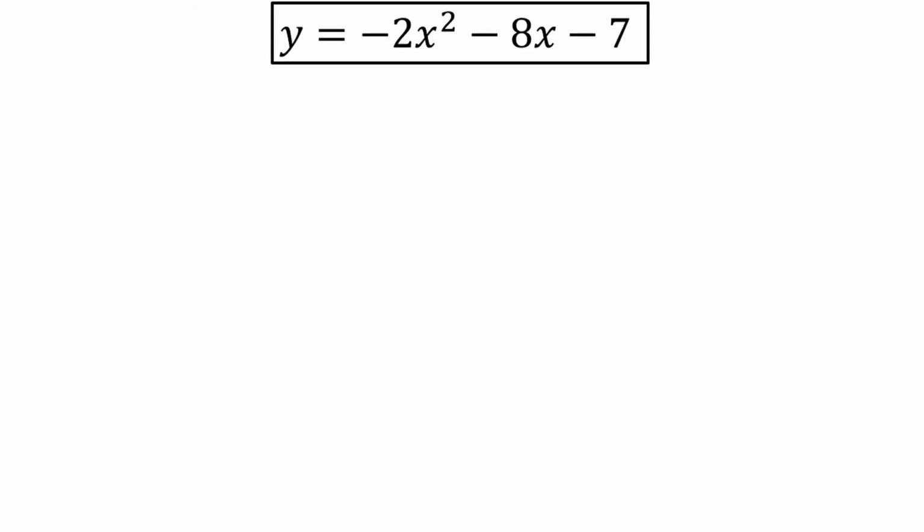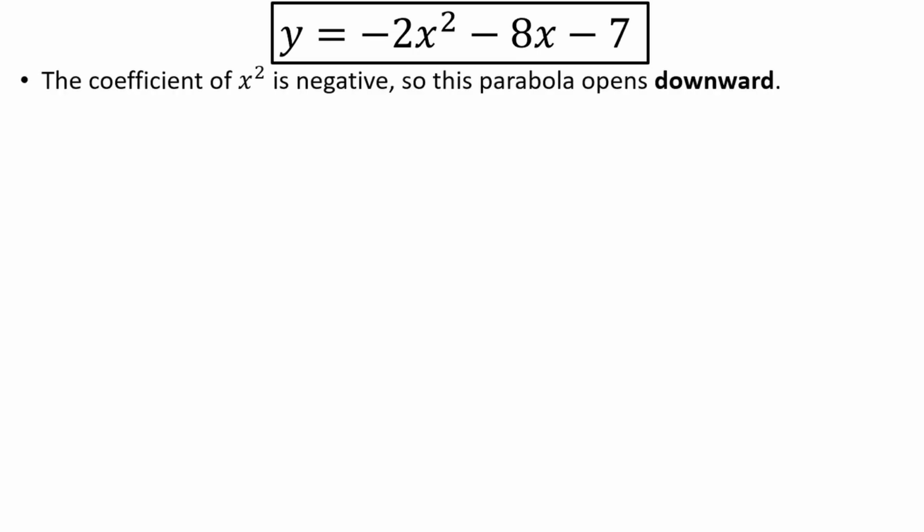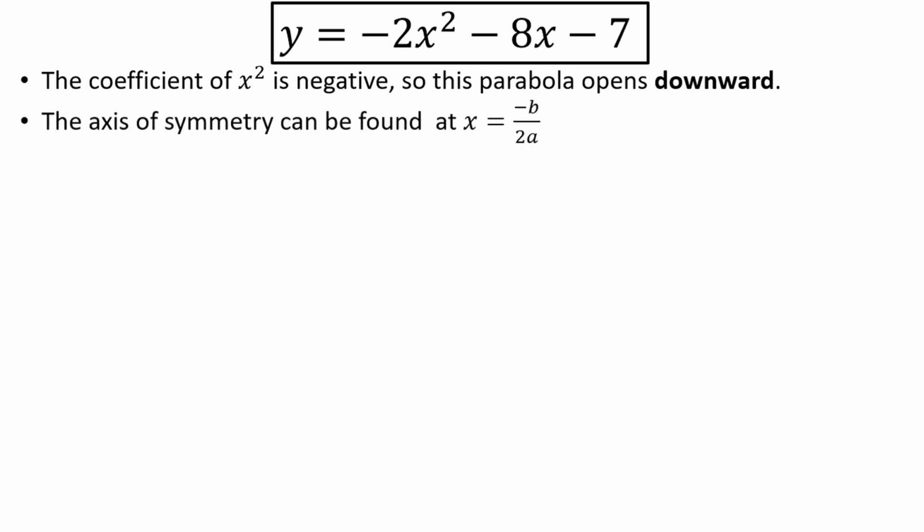Suppose we are given the parabola y equals negative 2x squared minus 8x minus 7. We know this is a parabola based on the x squared term. The coefficient on x squared is negative, indicating that this is a downward opening parabola. Know that you can always find the equation of the axis of symmetry through the formula x equals negative b over 2a, where a is the coefficient on x squared and b is the coefficient on x.